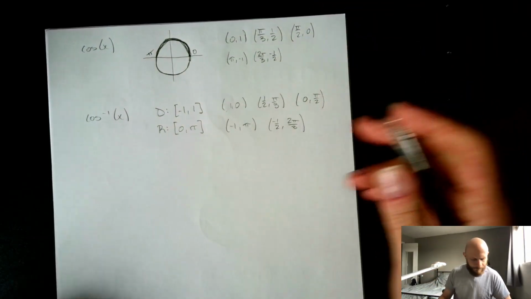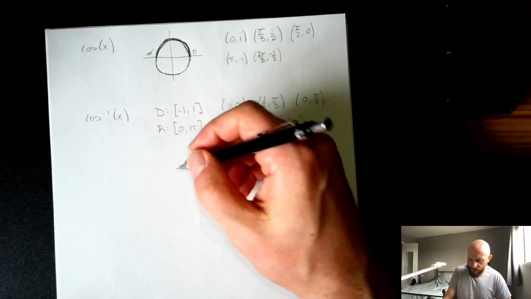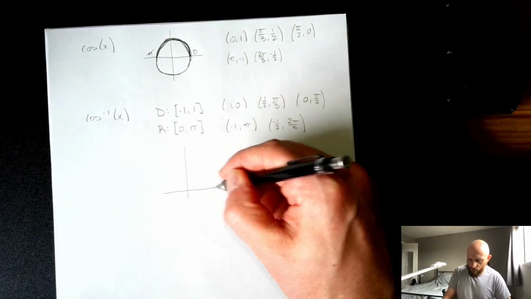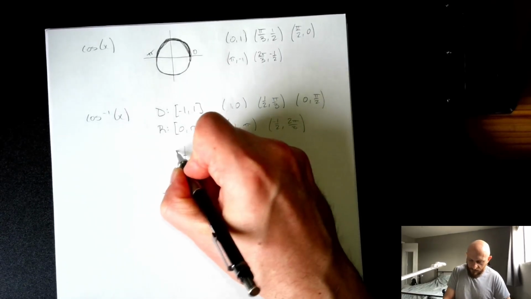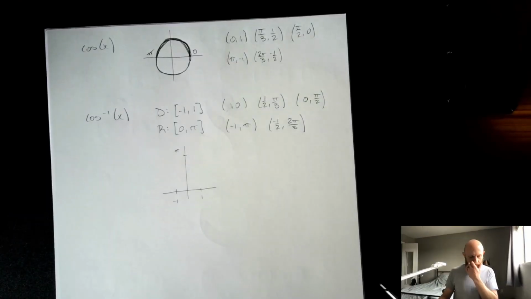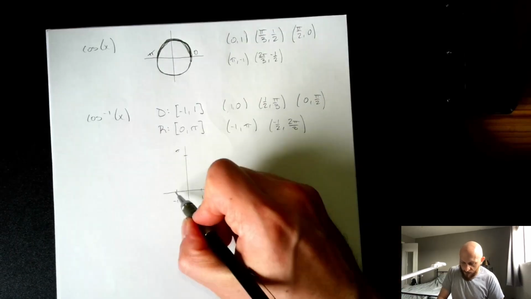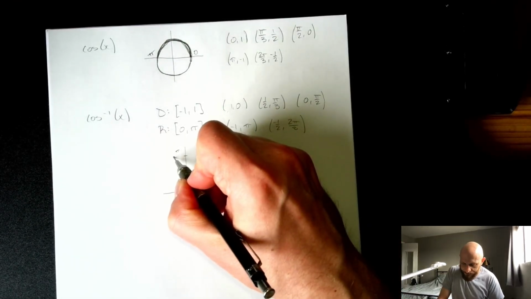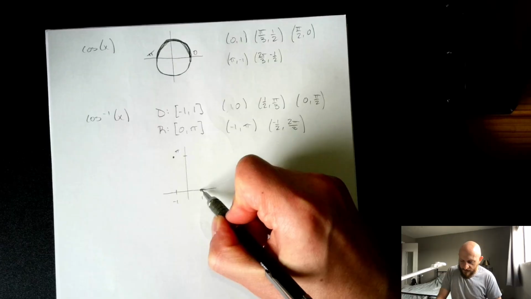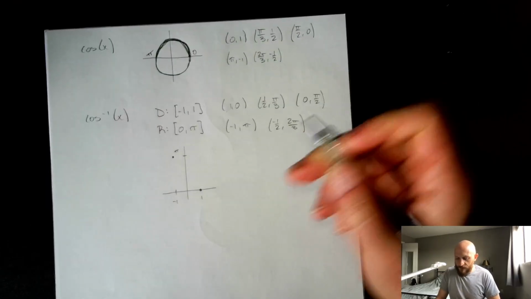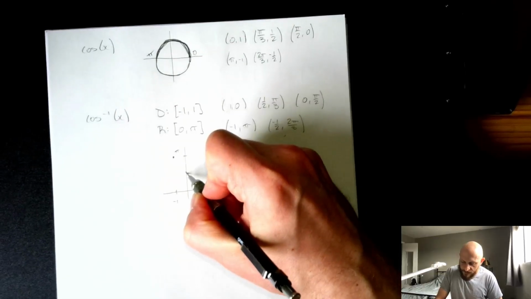All right, so what does this graph end up looking like? Well, the domain is -1 to +1, the range is 0 to pi. So here's 0, we'll say up here is pi. Let's plot some of these. We go through the point -1, pi, so that's up here. We go through the point 1, 0, which is down here. We go through the point 0, pi over 2, which is right here.